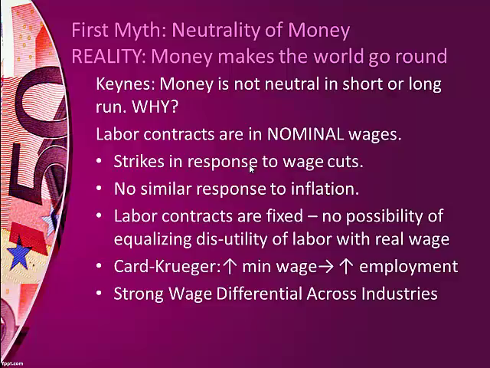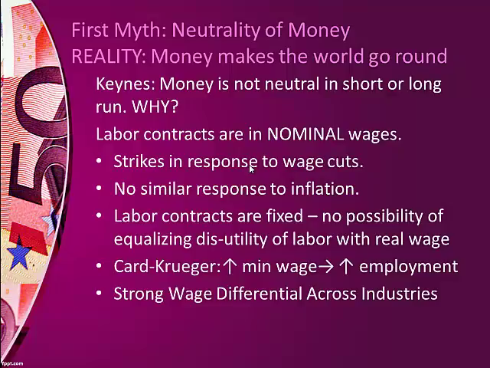If Karl Marx is saying this, you can say, oh, he's a communist nut, we don't have to listen to what he says. Or if Asad Zaman is saying this, oh, he's just a minor eccentric figure, and we don't have to listen. But Keynes said that money is not neutral in the short run and the long run in his book. So why?